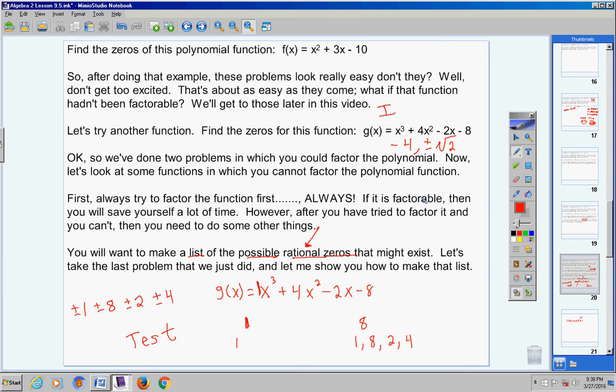If it's not factorable, then you make a list of possible rational zeros, and we have to test them. If a rational zero exists, it will be in this list. Now notice, we also have 2 irrational zeros, and that's okay, no problem. But your irrational zeros will never be in this list. Never. Okay?